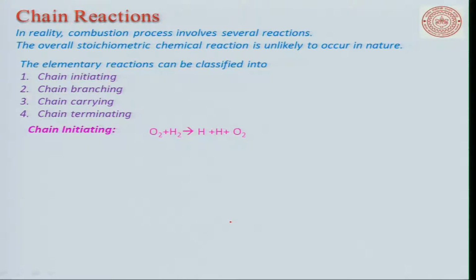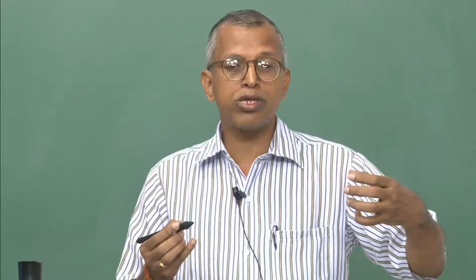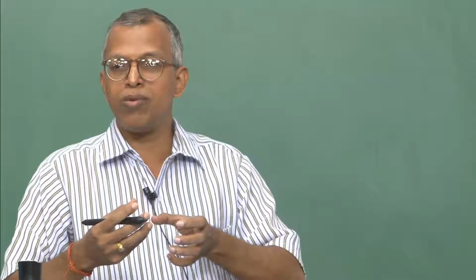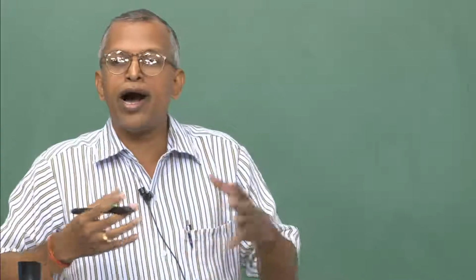If I consider the oxygen O2 reacting with the hydrogen molecule, both are stable species, keep in mind. In this case, one oxygen molecule is coming and colliding with a hydrogen molecule. As a result, the hydrogen is being broken, but oxygen remains.